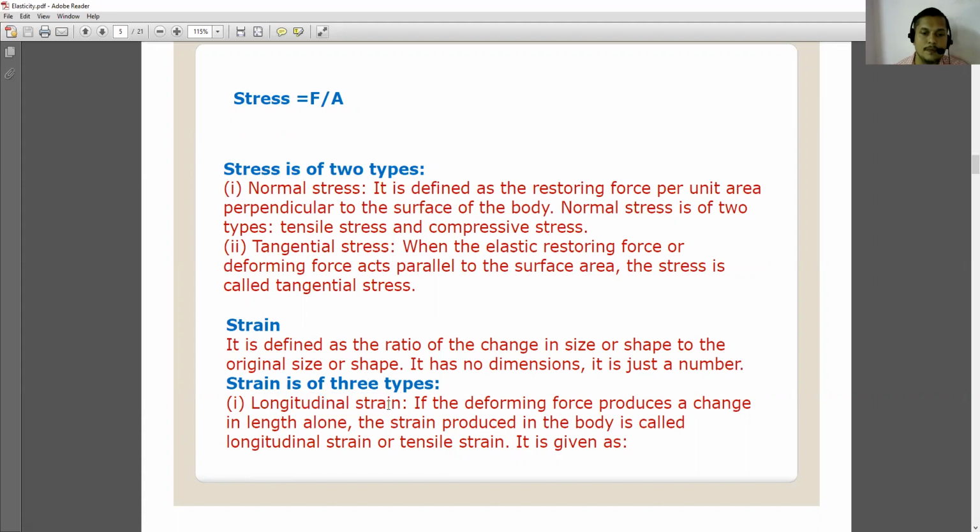What it means? If the deforming force produces a change in length alone, the strain produced in the body is called a longitudinal strain or tensile strain.